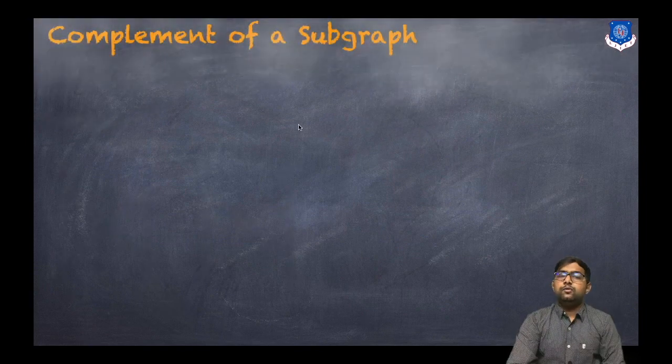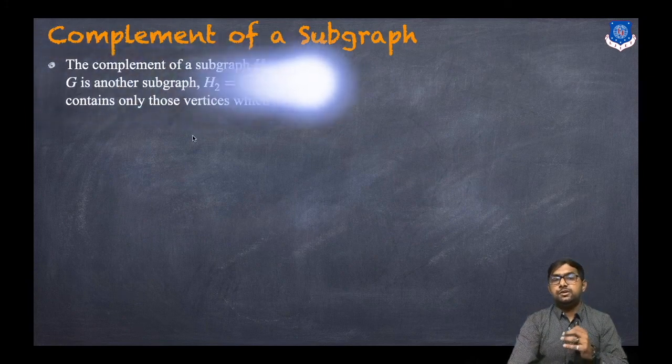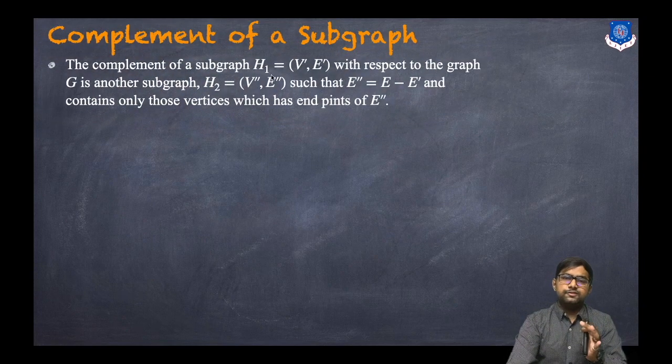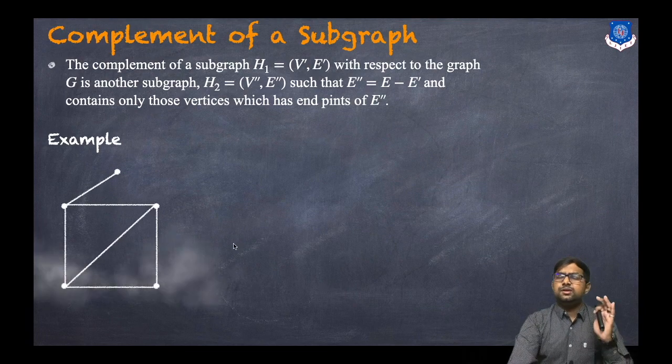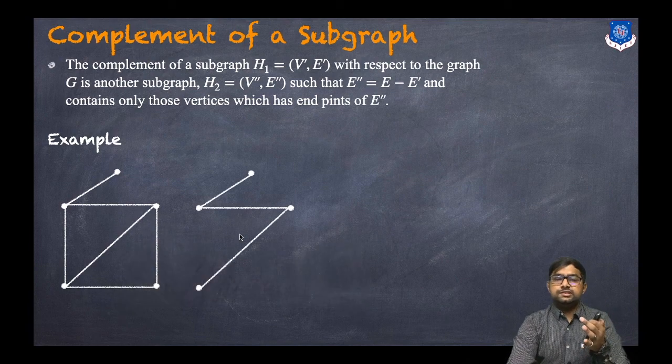Now what is a complement of a subgraph? The complement of a subgraph H1, that is (V dash, E dash), with respect to the graph G, is another subgraph H2. Let us name it (V double dash, E double dash), such that E double dash equals E minus E dash, and it contains only those vertices which are endpoints of E double dash. Let us discuss an example. By examples it will be very clear. Now this is a graph. Let us consider this as a subgraph.